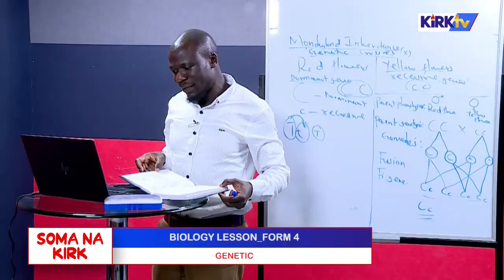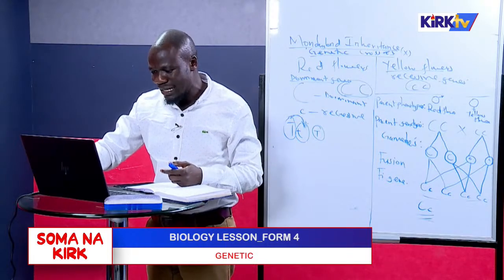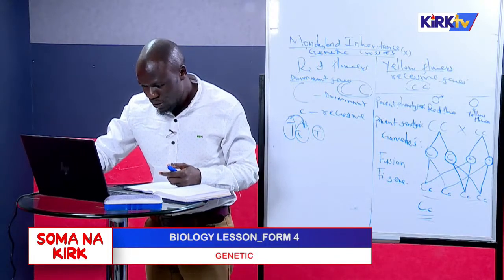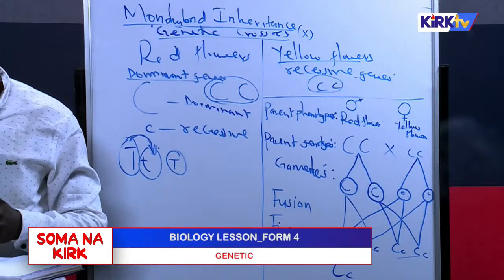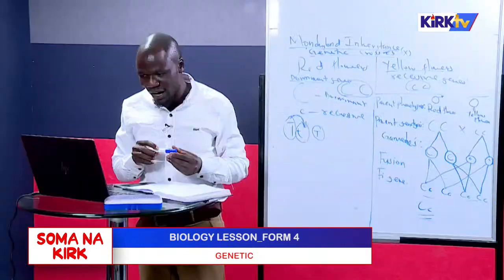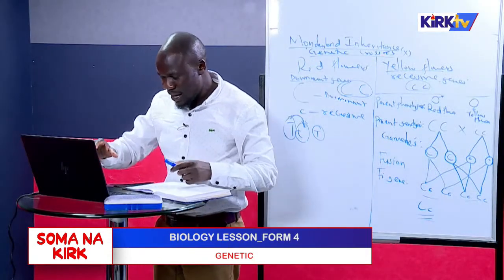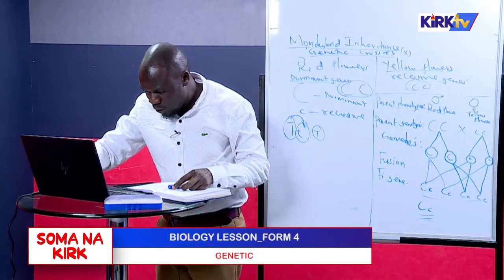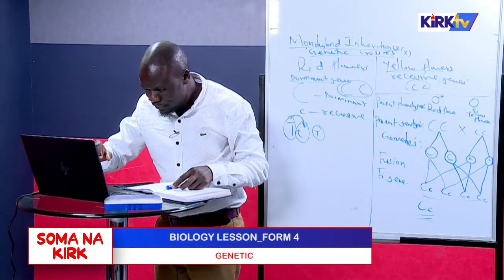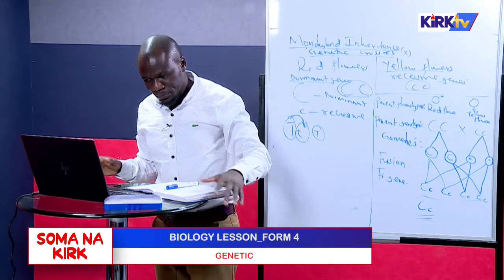Maybe you as a learner can go and try another example in your own time, so that you'll be able to see whether you can follow up what we've learned. But this one, we are using the genetic crosses. Let me read out this example to the learners.